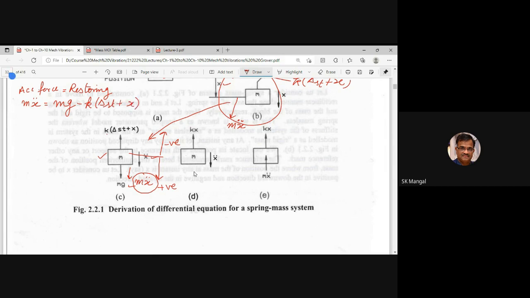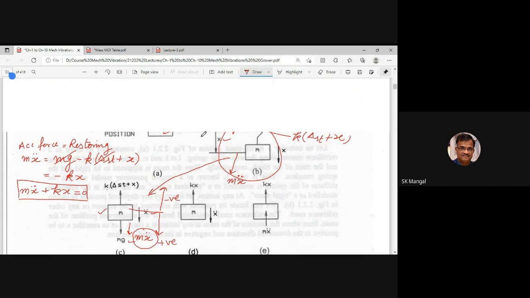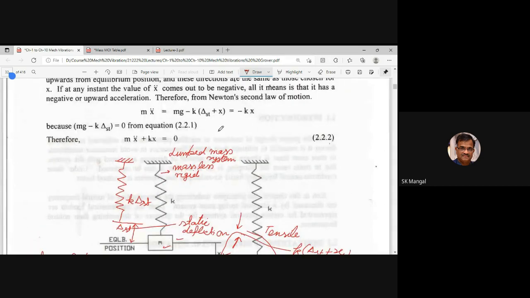So from our earlier equation, these two will cancel out, and you are getting minus k into x, or I can write mx double dot plus kx is equal to 0. And this is your equation of motion. So you got this equation of motion here.